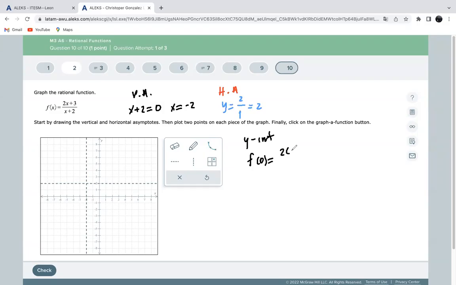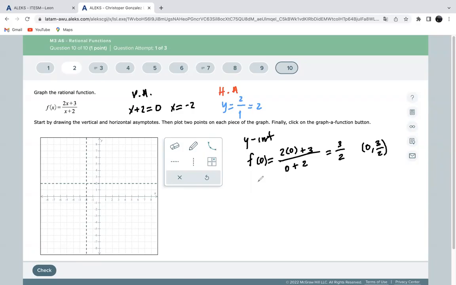So that's basically 2 times 0 plus 3 divided by 0 plus 2. Every x term will end up as 0, and you will have 3 halves. So that gives you the coordinate (0, 3/2).